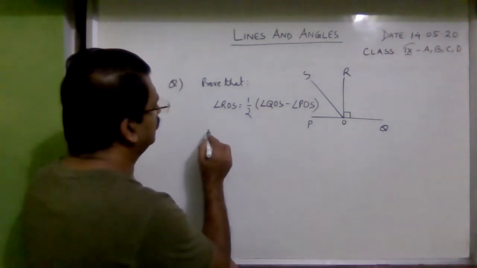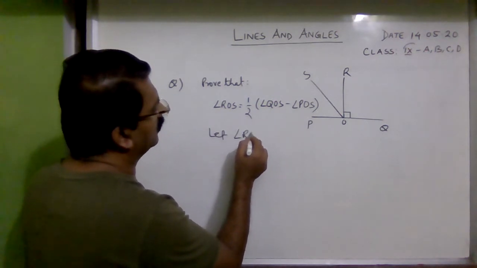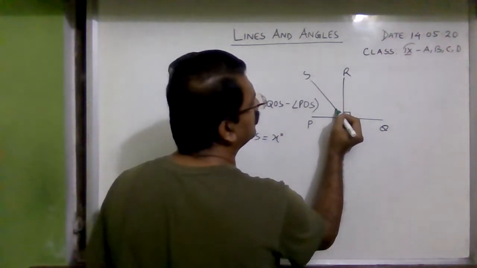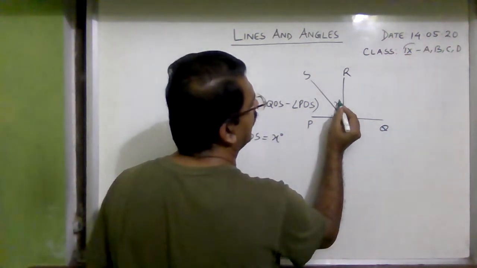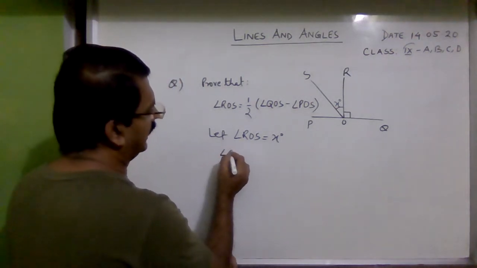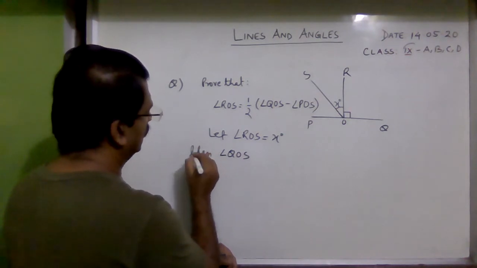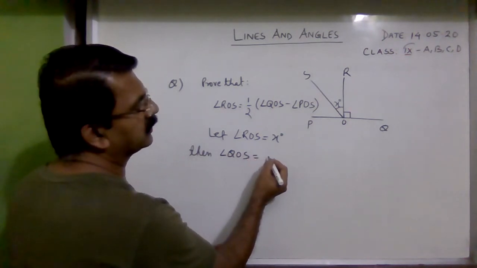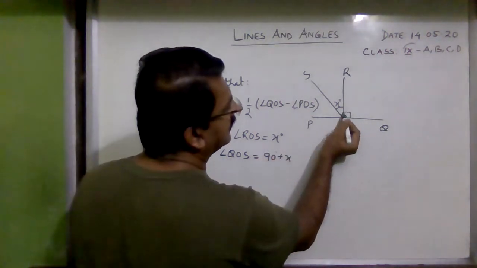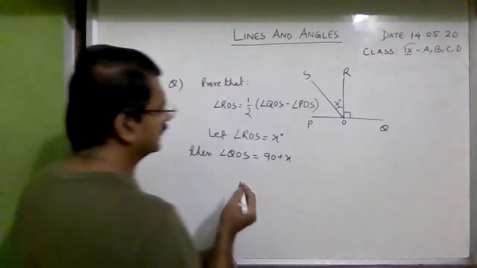Now we'll start with, let angle ROS be equal to x degree. We have assumed that this angle is x degree. Now you can see that angle QOS will be equal to 90 plus x, because this is 90 and this is x.